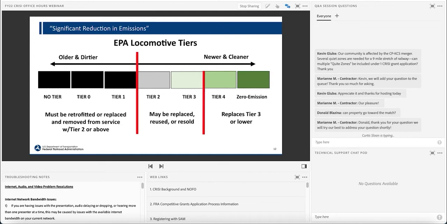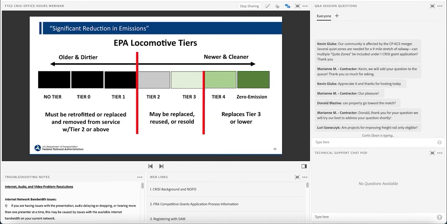So to that one large red line, everything to the left of it, the non-tiered, tier 0 and tier 1 locomotives, are what we're considering the older and dirtier locomotives that we're looking to get off the rail network. And they can be replaced by everything to the right of that large red line.